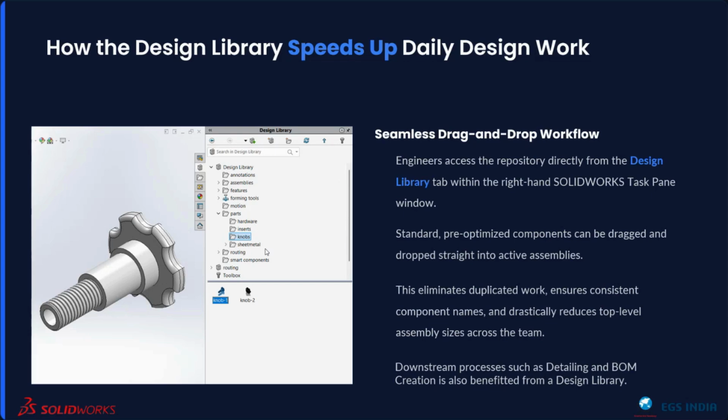From the design library, I can just pick and place, drag and drop my components into my assembly over here. So all of this is standard pre-optimized components. Like I said, the cleaning up work has already been completed by another person. So we'll just make use of those standardized components to make sure that our top level assembly is working smooth and proper.